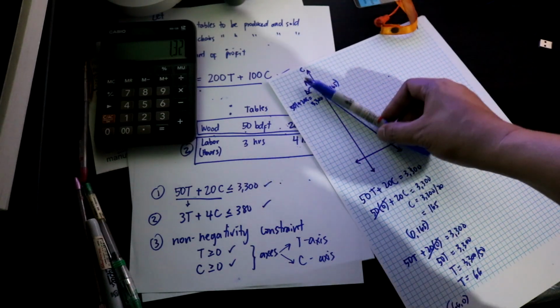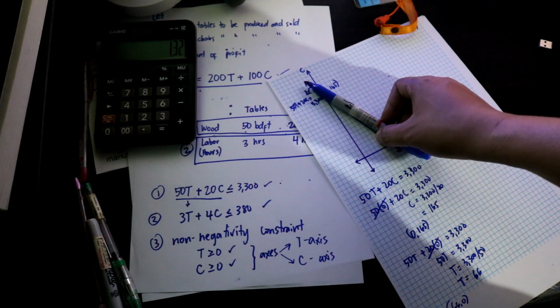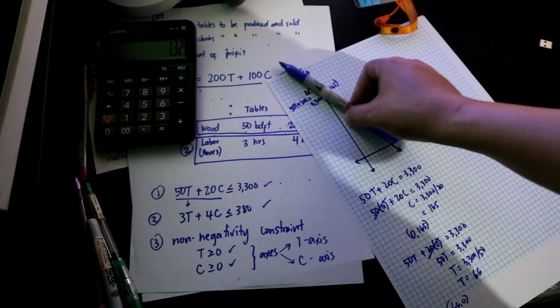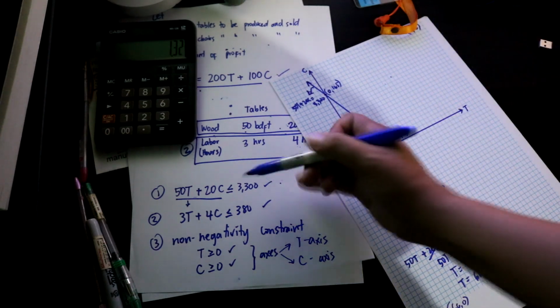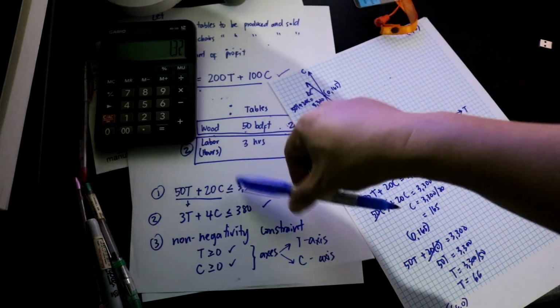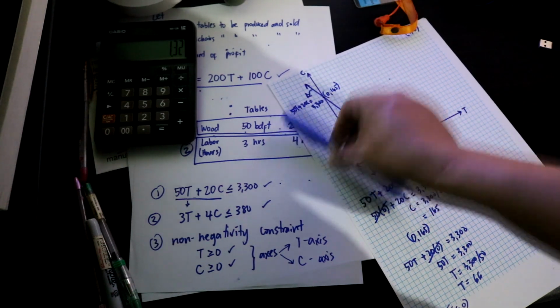If it is greater than or equal to, we are to shade the region that is to the right or above the line. And since this is a less than or equal to inequality, then we shade this region.